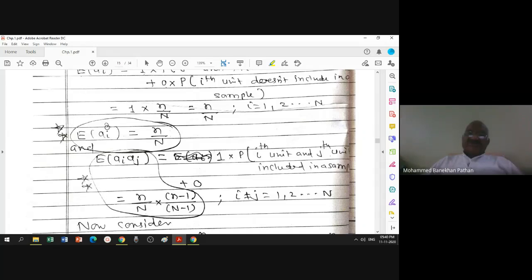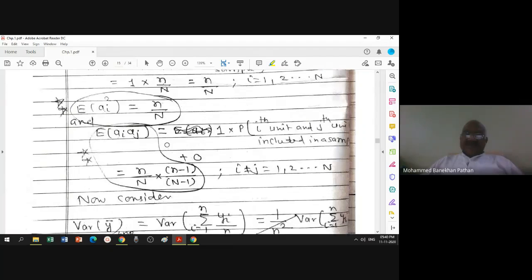So expectation of ai square is again n upon N. Now, what is expected value of ai aj? ai is 1, 0 and aj is 1, 0, so this product will again be 1 or 0. But when will it be 1? If the ith element and the jth element both come in the sample. Otherwise, the product will be 0.